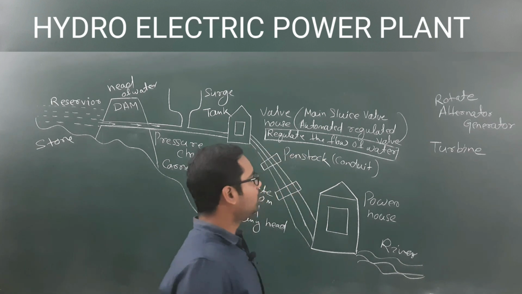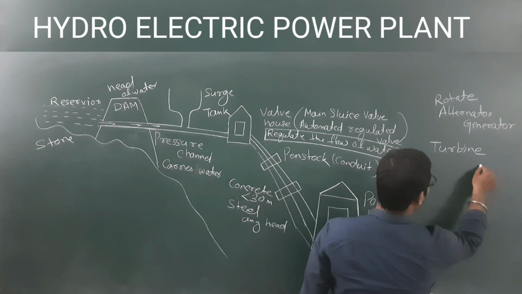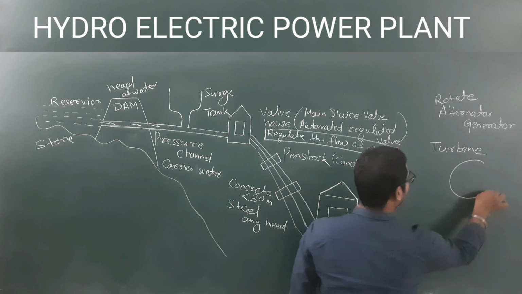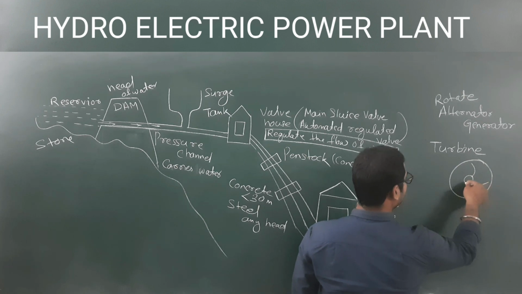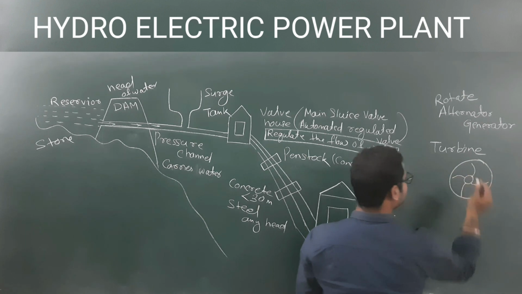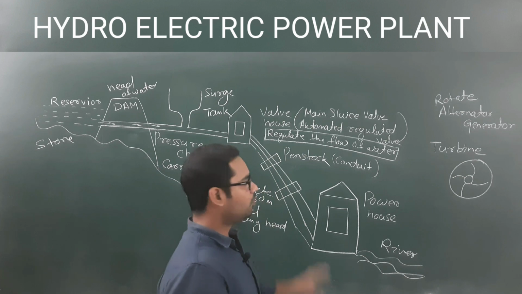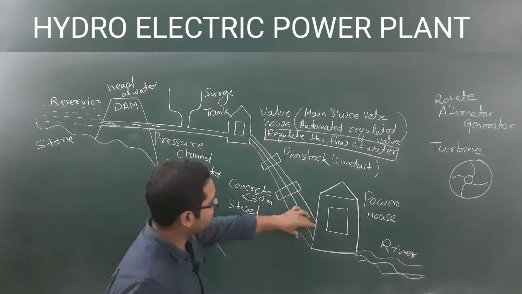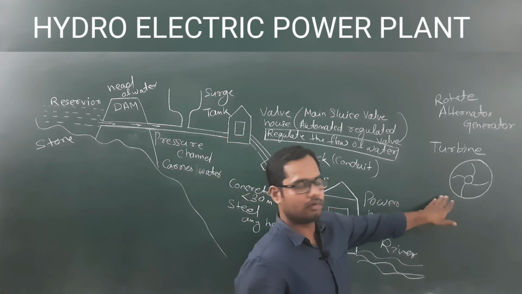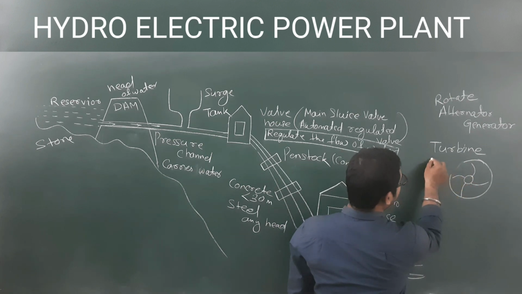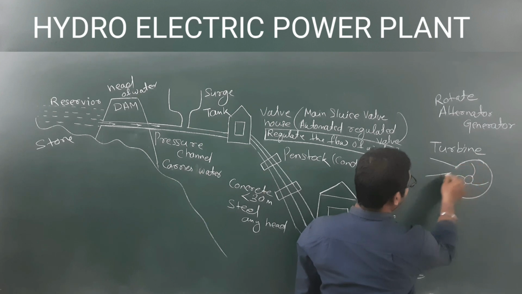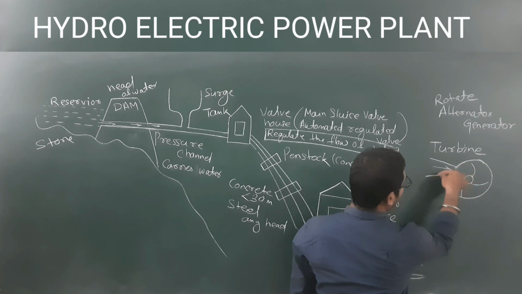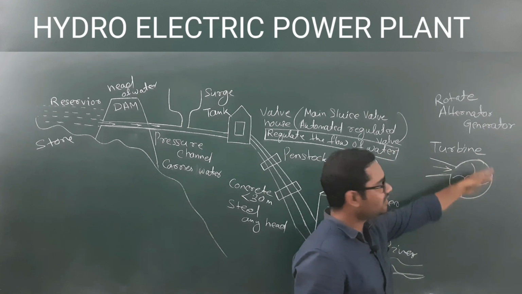Okay, so the structure of the turbine is like that. It is basically a round structure, and in between there are a number of bucket-like or fan-like structures. When the water strikes upon the blade, the turbine starts to rotate.